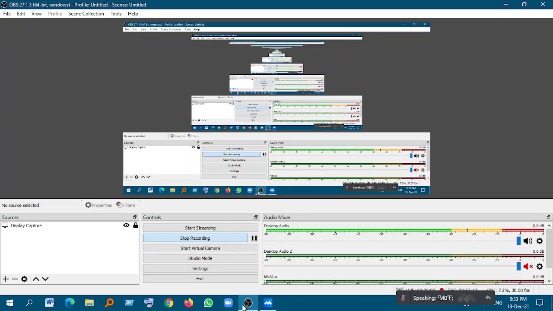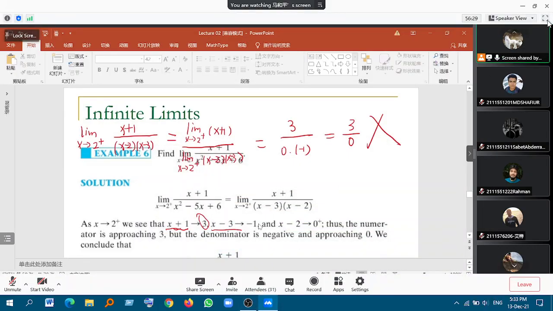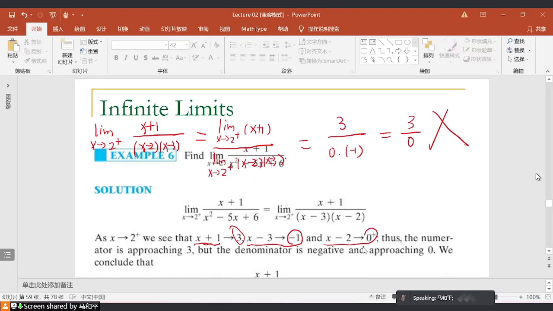And we know x minus 3 approaches minus 1, right? And x approaches 2, this means x minus 2 approaches 0 from the right. This means x minus 2 is greater than 0. And thus we know the numerator approaches 3.